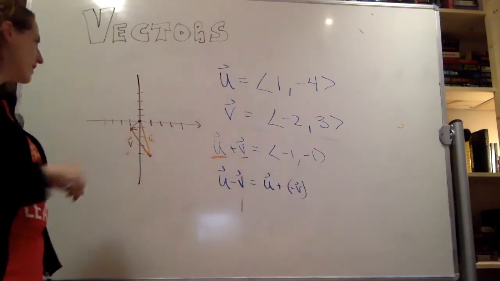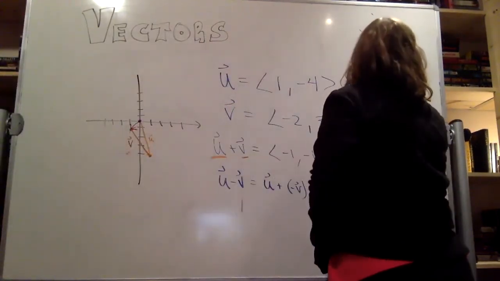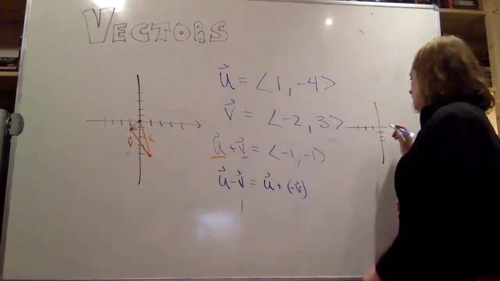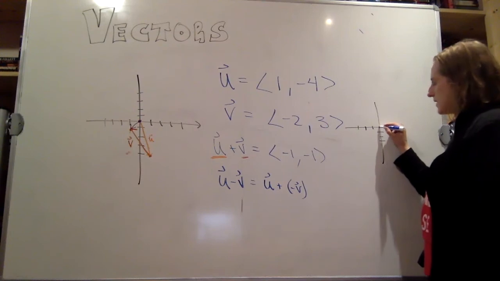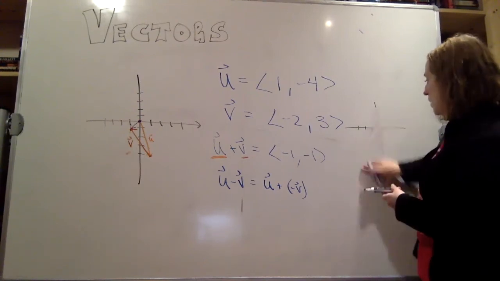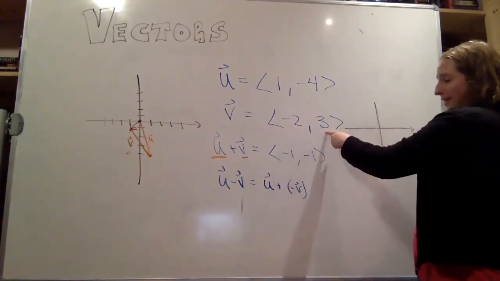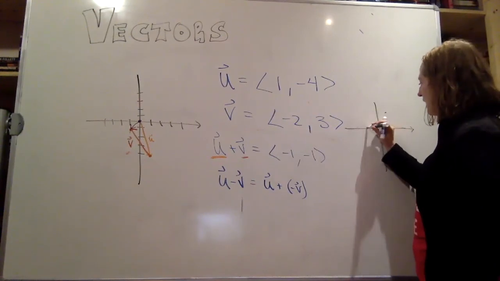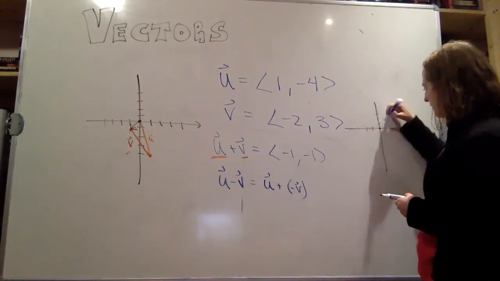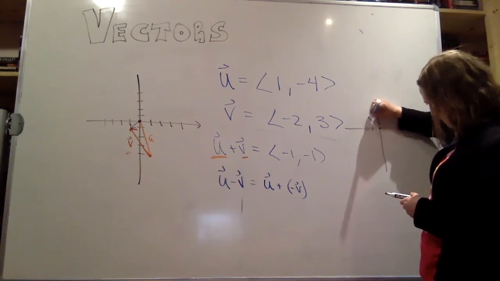But if my original v, this guy here, was -2, 3, that means if I were to sketch v starting in standard position, horizontal, then vertical. Okay, that means I go left 2 and then up 3. Right? So I could think of v as starting here at 0, 0, and going to -2, 3.